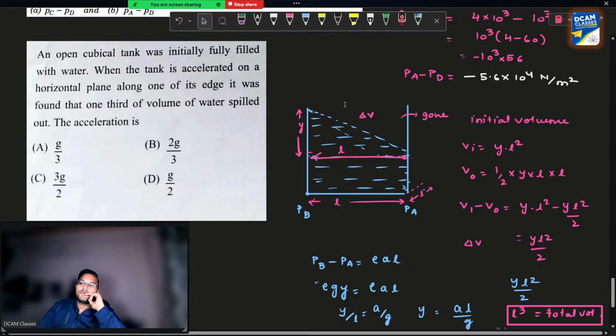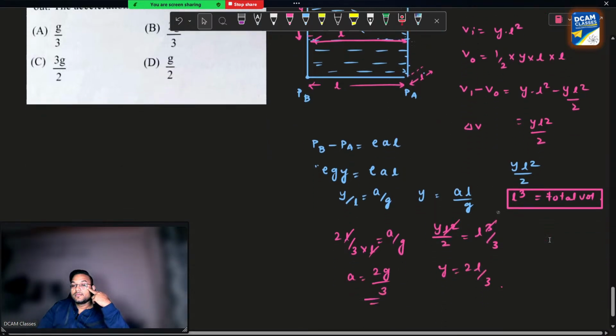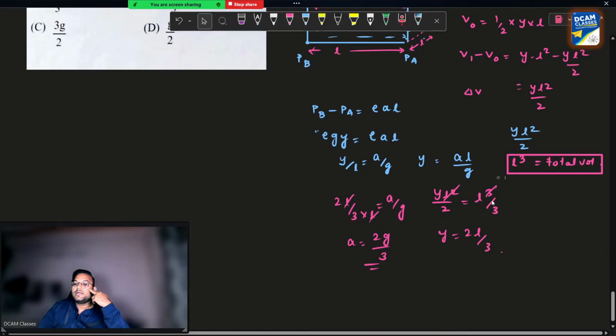So this amount of water will go out, and if we calculate, the total volume was y into L square minus this area, which is y into L square by 2. So delta V is yL square by 2. This much water is left out, and they have given it's 1/3 of the total volume of the container. So I have written yL square by 2 is equal to L cube by 3. That's why I got the y value.